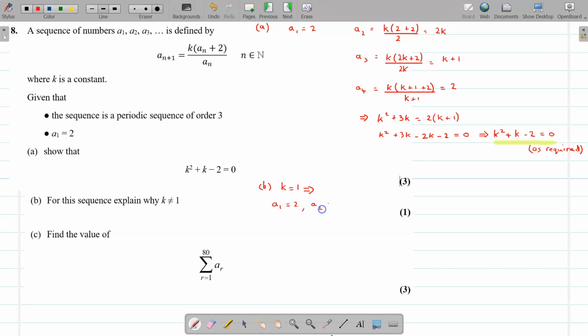A2 would equal 2 times k, which is 2 times 1, which is 2. And A3 would equal k plus 1, which is 1 plus 1, which is also 2, etc. So if A1, A2 and A3 all equal 2, we know A4 is equal to 2. All the terms would be 2.